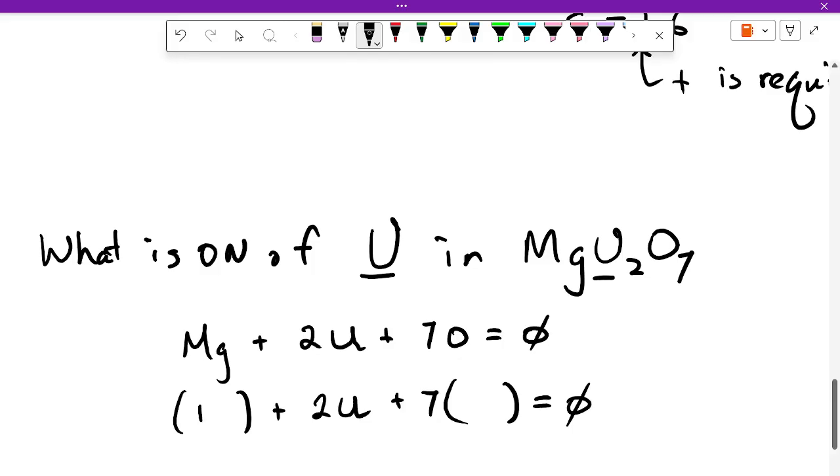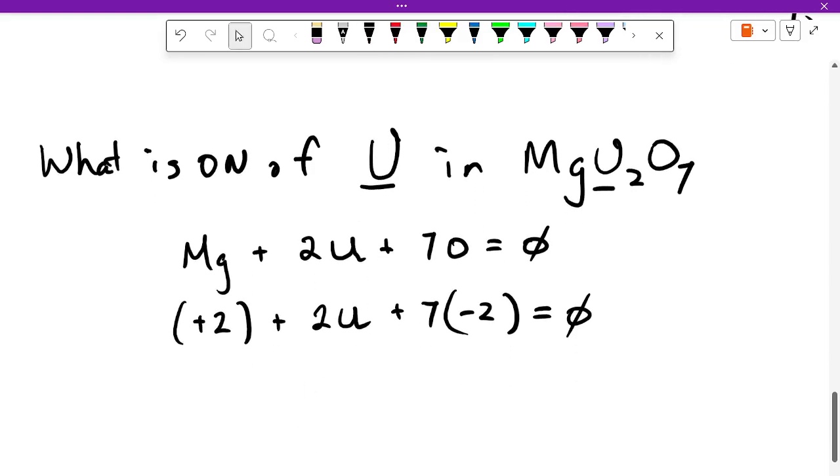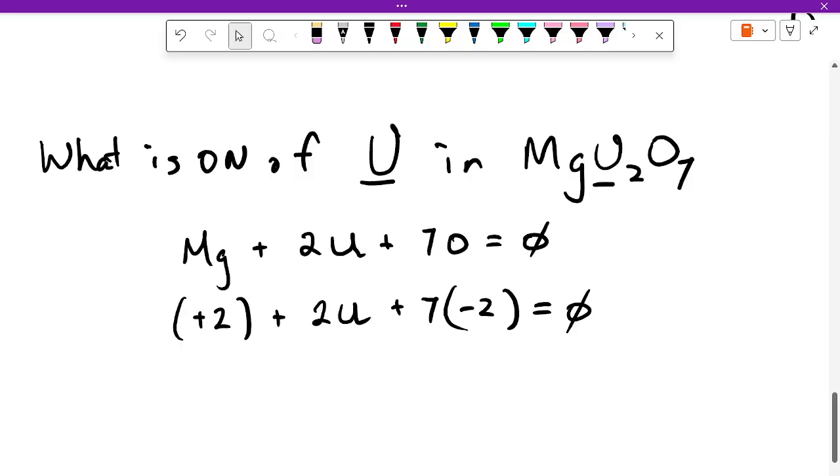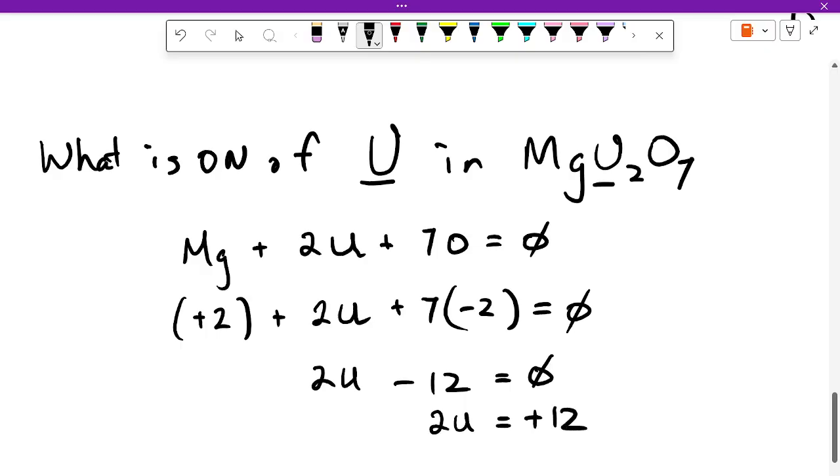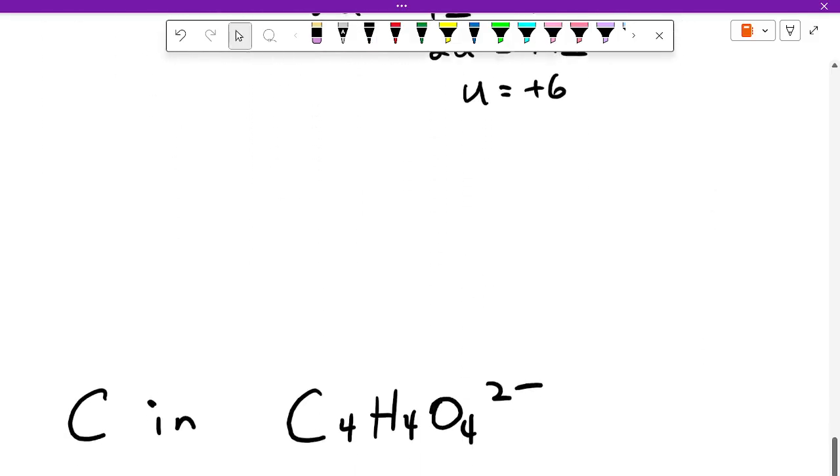Yeah, in a compound, it's +2. Oxygen is -2. And so we have what? -14, and 2 is -12. So we have 2U is equal to +12, and then U is equal to +6. Is that good? Okay.